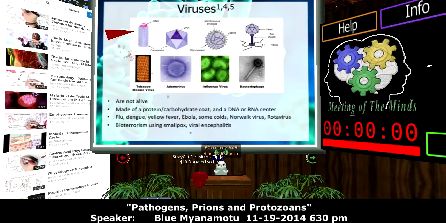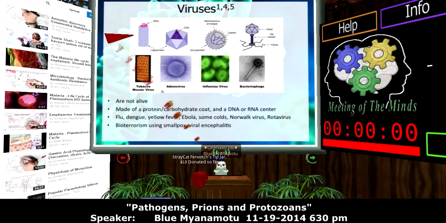Now, as you can see, they come in really different shapes. I always describe viruses kind of like a Tootsie Roll Pop. You have the chewy chocolate center in the middle, which is the nucleic acid, and then you have the really tasty protein coat on the outside.